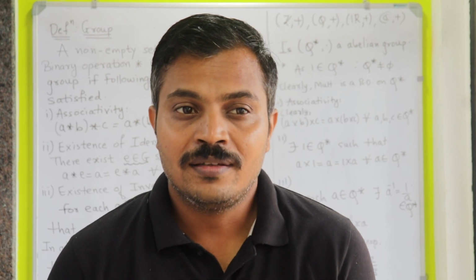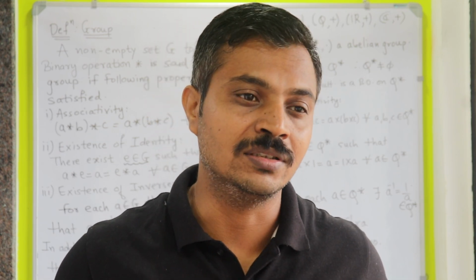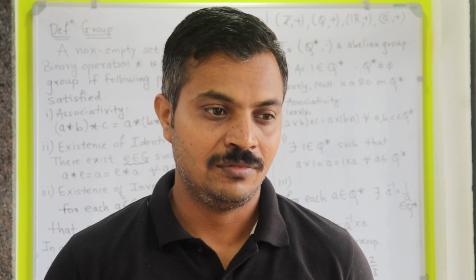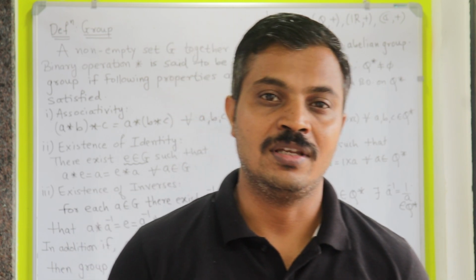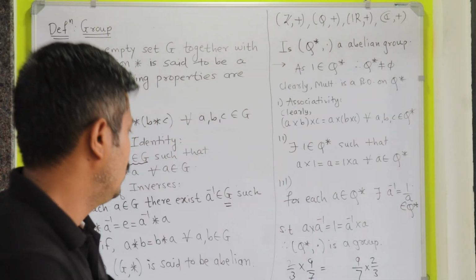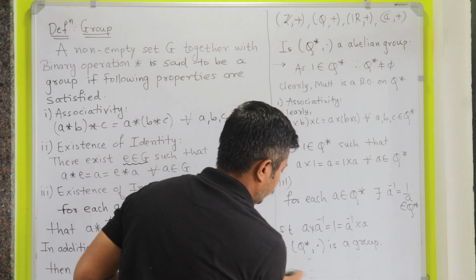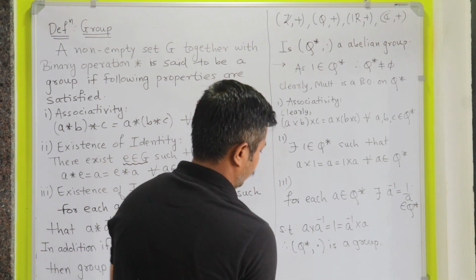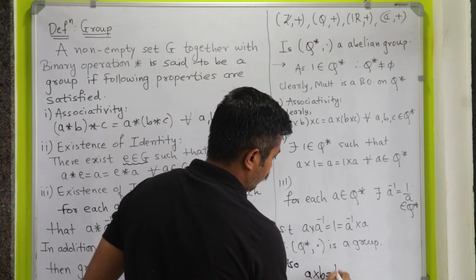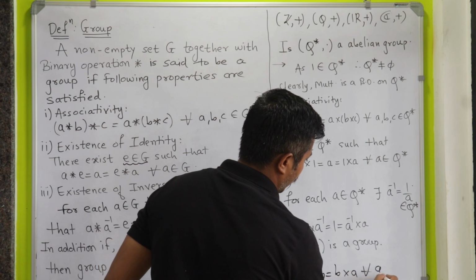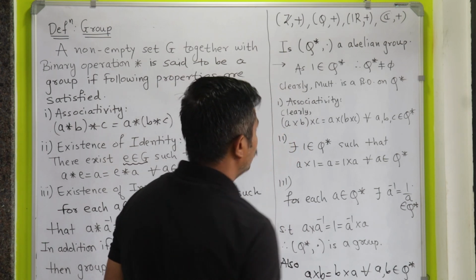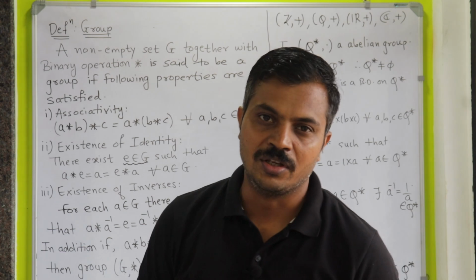In fact, this holds for any two rational numbers, and therefore Q star with respect to multiplication is an abelian group. So let me write it properly. Also, A × B is equal to B × A for all A, B belongs to Q star, and therefore it is a group with respect to multiplication.